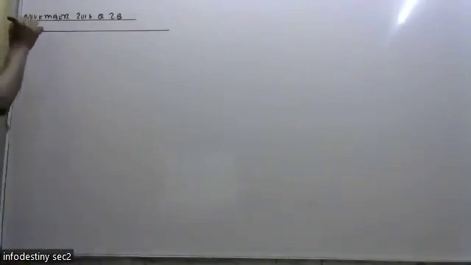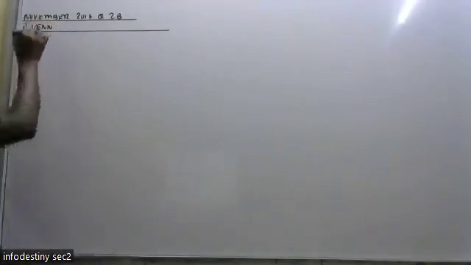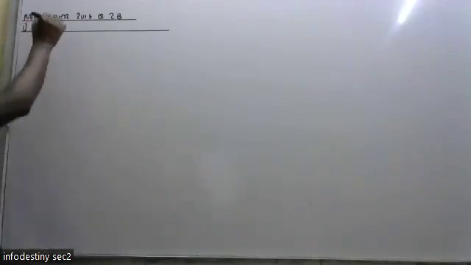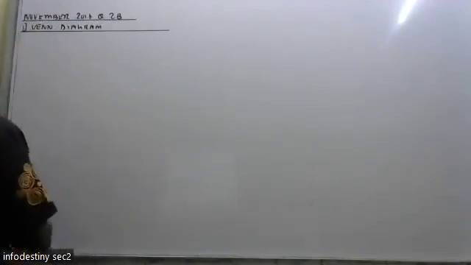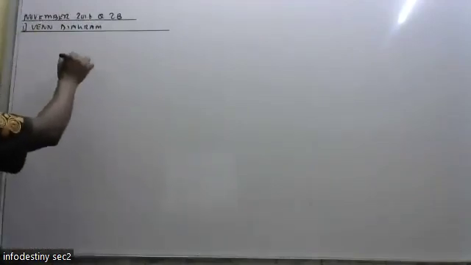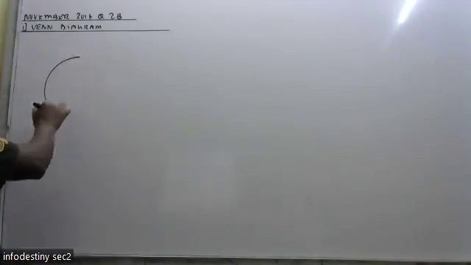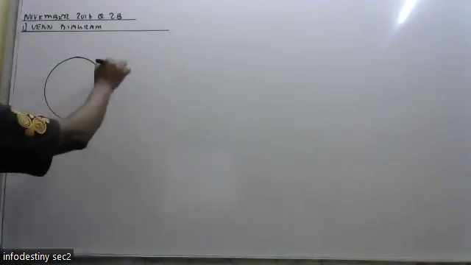So the first thing, come up with the Venn diagram. Now this Venn diagram, we have 3 circles.